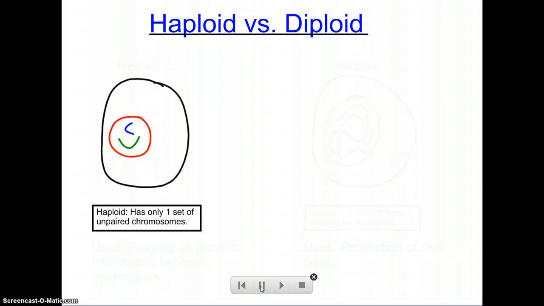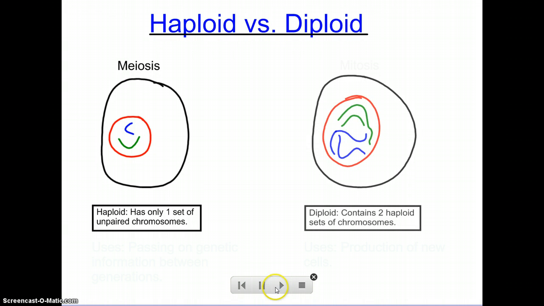All right. Cells that contain two sets of chromosomes are known as diploid. Notice, this long one and this long one go together. They have one pair. This short one and this short one are supposed to go together. They should be the same length, but oh well.